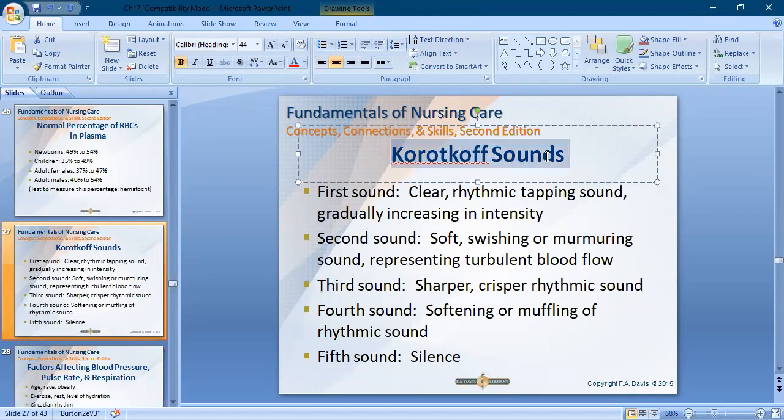So what is the Korotkoff sound? The sound produced during the measurement of the blood pressure. I am not sure if you work in a hospital; some hospitals check blood pressure manually, and some have a device. If you have checked blood pressure manually, you put the stethoscope in your ear, put the cuff on the patient's arm, and pump the hand pump, inflating the cuff.